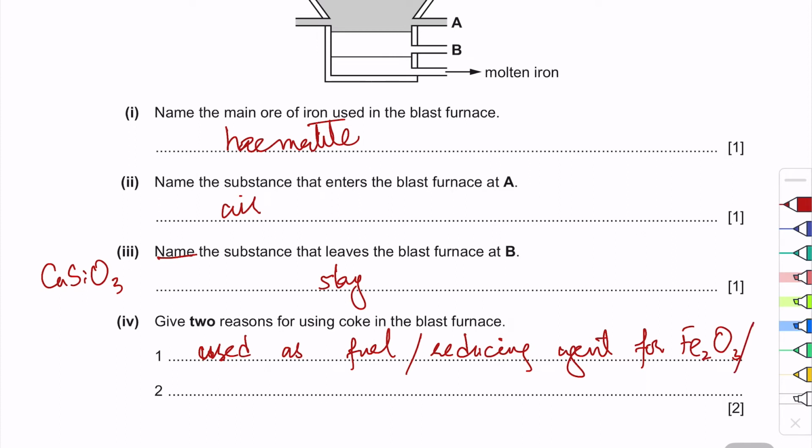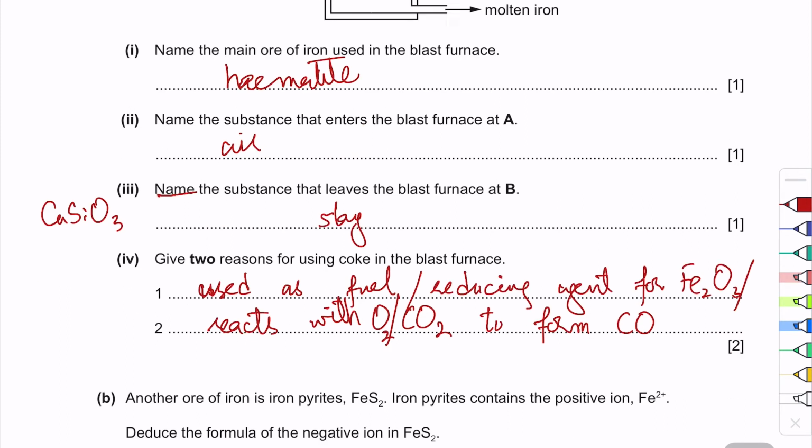Or the third thing we can mention is that it reacts with carbon dioxide to form carbon monoxide. You can even mention that it reacts with oxygen to form carbon monoxide. So it reacts with oxygen or carbon dioxide to form carbon monoxide.